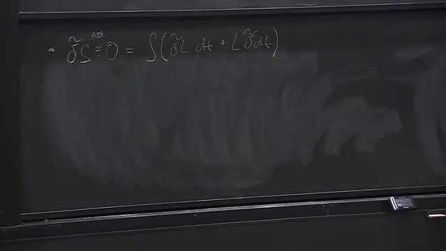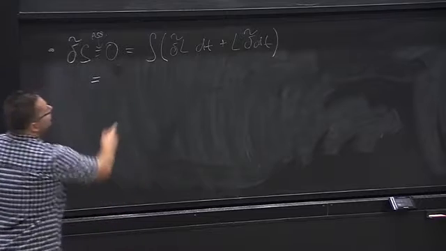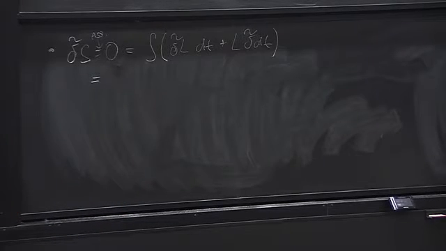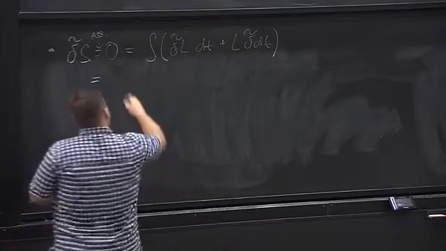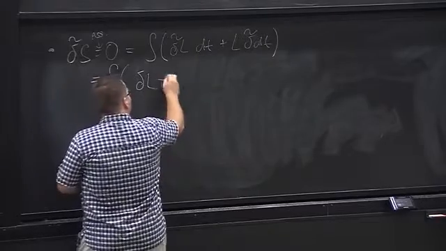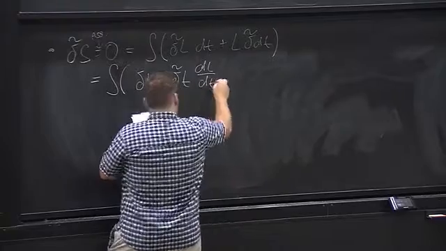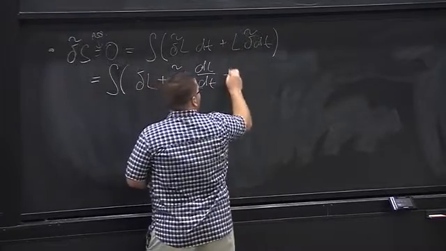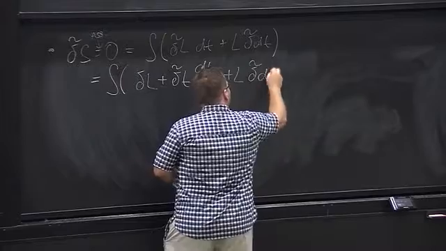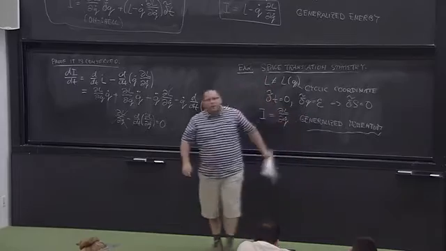Now the variation delta tilde acts on both. Now I use my wonderful identity for L, so I can relate this delta tilde to delta plus whatever. So this is the integral of delta L plus delta tilde t dL/dt, and then plus whatever I had before, delta tilde dt. Okay, just using the identity over there.